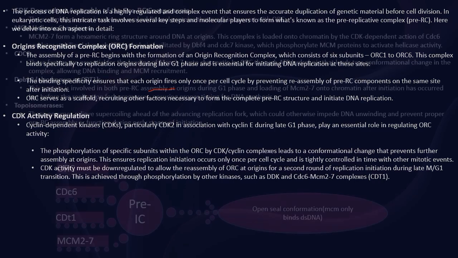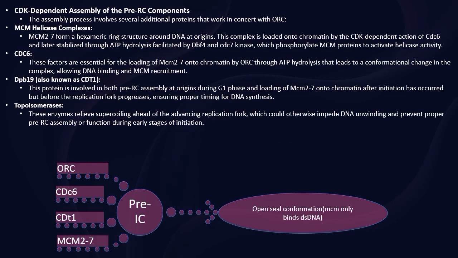So the assembly of pre-RC or pre-replicative complex is mediated by cyclin-dependent kinase, and there are also several other proteins which work in concert with ORC in order to form this pre-RC complex. This given infographic is all you need to know for now about the pre-replicative complex.